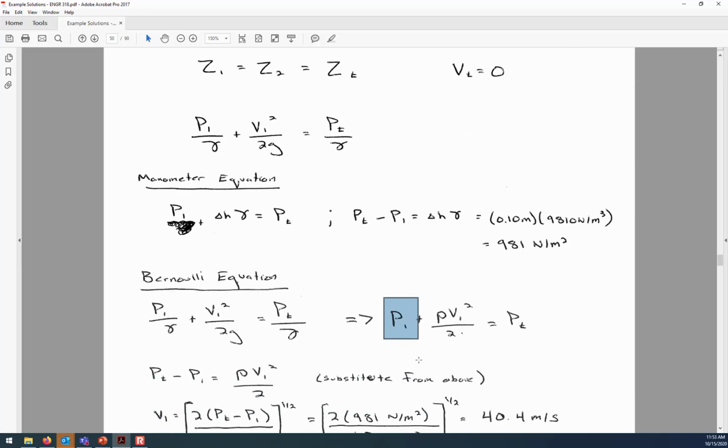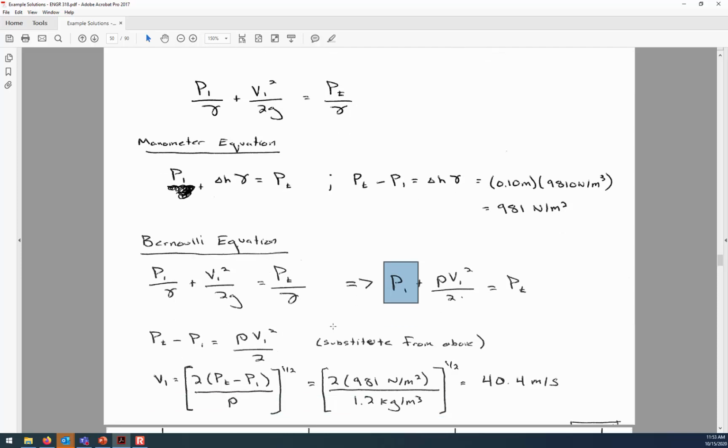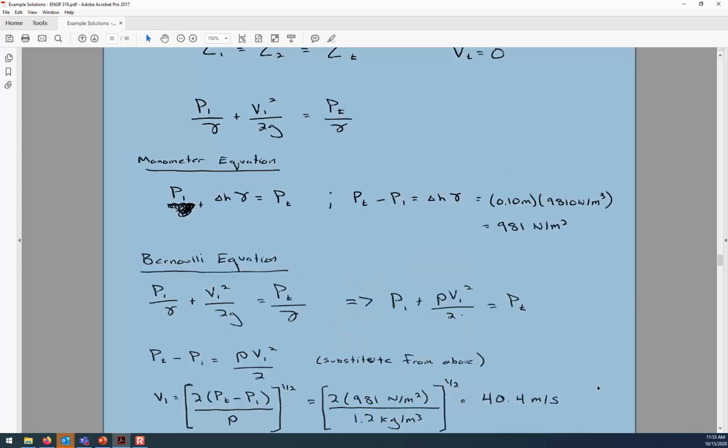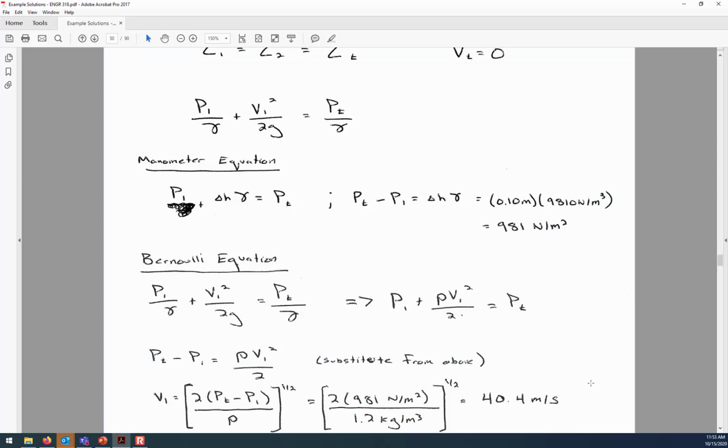So just substituting in the given pressure change of 981 newtons per meter squared, you can see that I rearranged the Bernoulli equation. So on the left side is the pressure difference, and on the right side is density times V1 squared divided by 2. And so the velocity at location 1 is 40.4 meters per second.